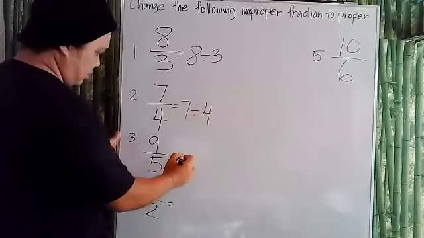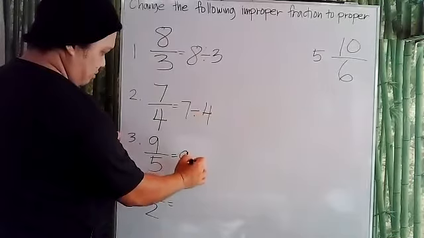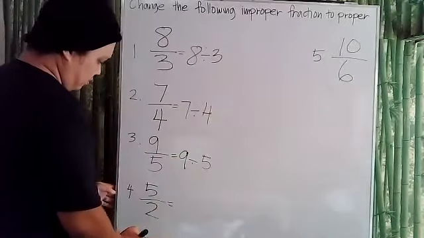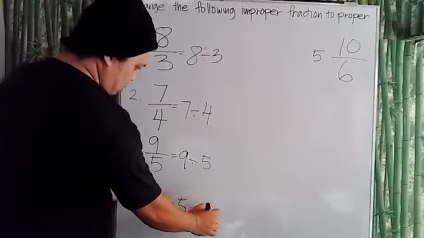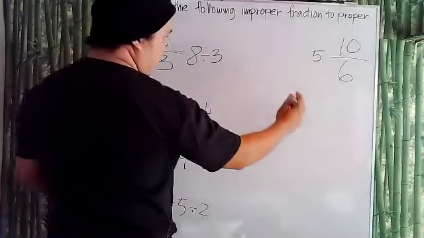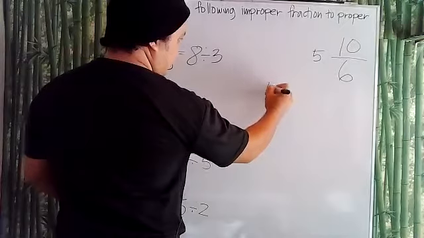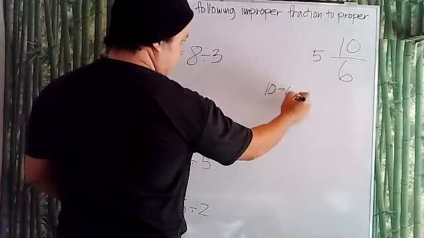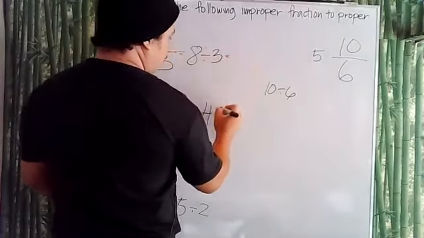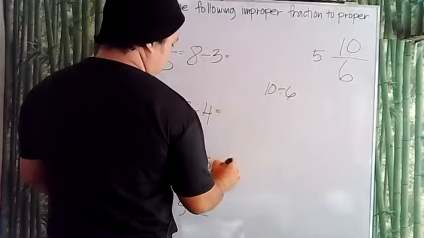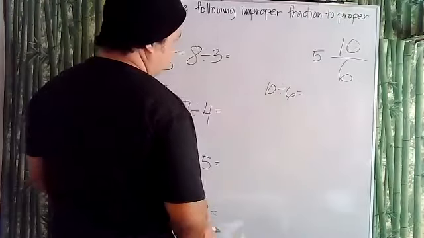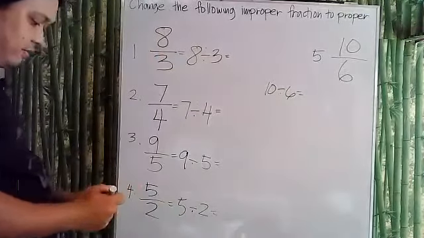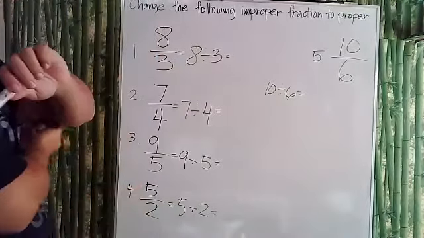Number 3 is 9 divided by 5. Number 4 here is 5 divided by 2. While number 5 here, we have 10 divided by 6. Each numerator is divided by its denominator.